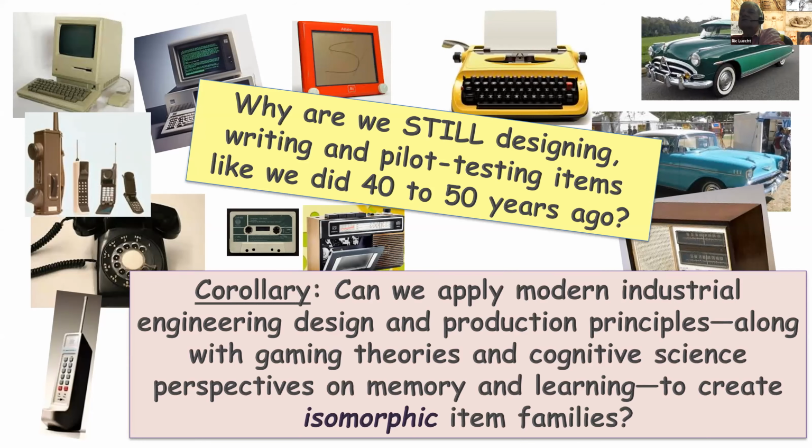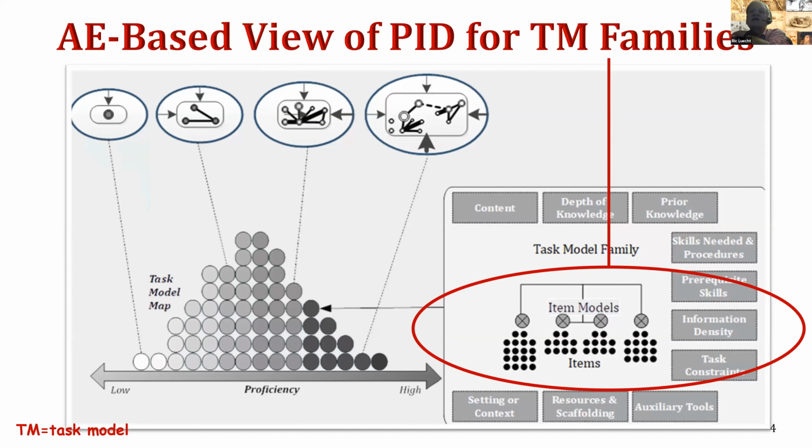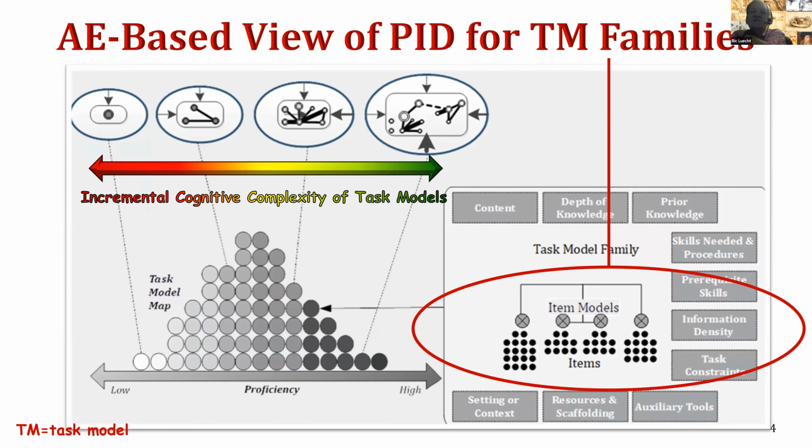So the corollary is, can we borrow things from engineering design, industrial engineering design, manufacturing production, gaming theories, cognitive perspectives on memory and learning, and really help to create this notion of isomorphic or fully exchangeable item families by design, not just by happenstance or chance. I look at it as something I call assessment engineering, which is a way to do assessment of the evidence-centered design.